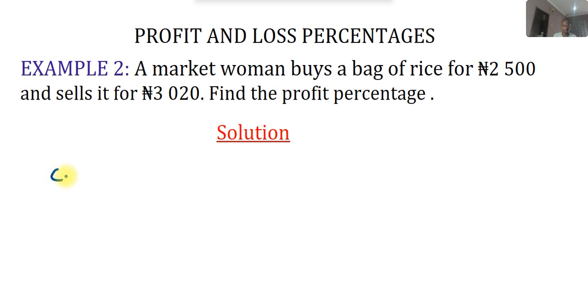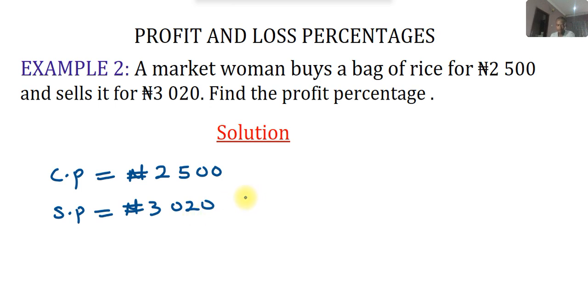We have the cost price, in this case, is 2,500 naira. Then the selling price is 3,020 naira.